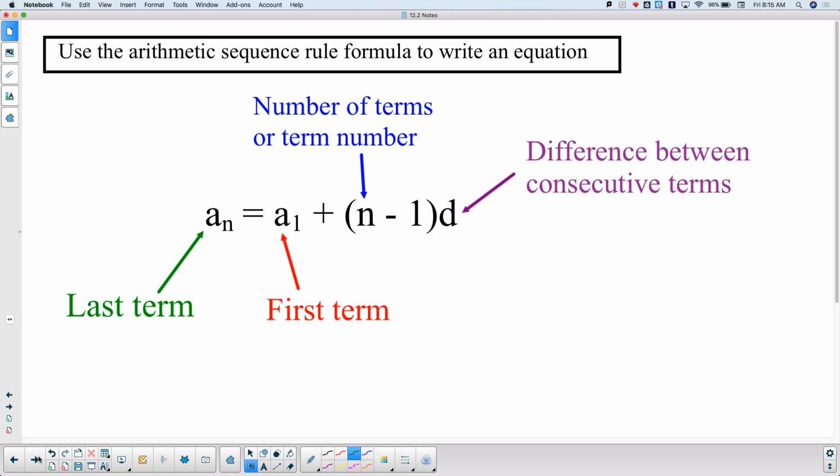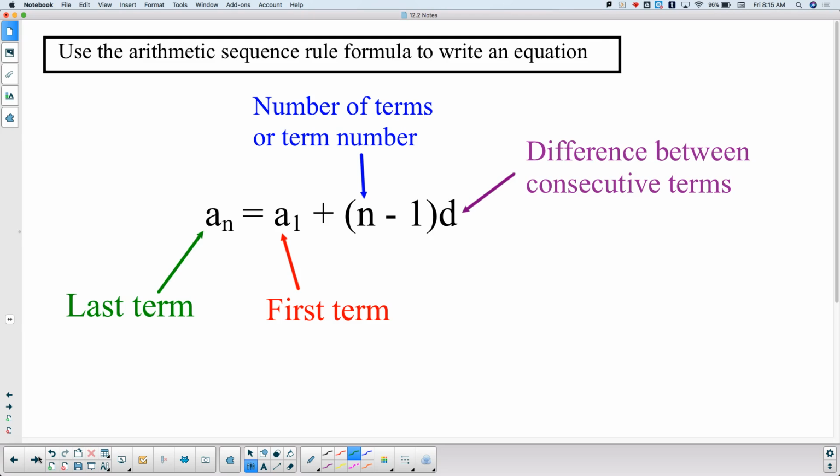With an arithmetic sequence comes a general rule for the arithmetic sequence. Okay? This is the general rule for an arithmetic sequence.